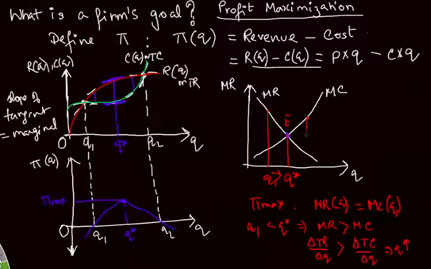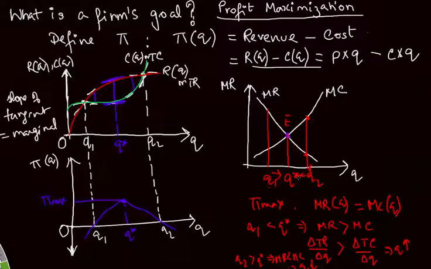Similarly, you can argue that for any output level Q2, note that these Q1 and Q2 are different from the Q1 and Q2 here, okay? For this Q2, MC is bigger than MR. MR is here, MC is here. So for Q2, which is greater than Q star, we have MR less than MC, which means the farm would benefit from reducing output.